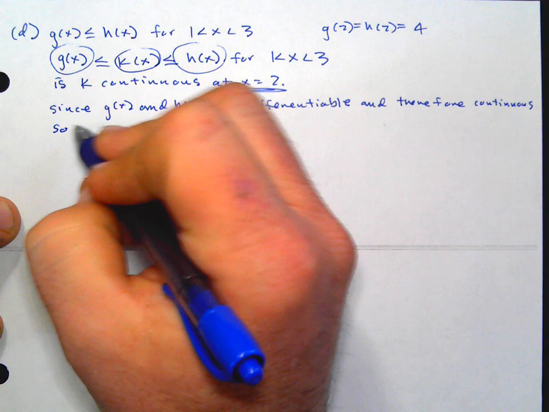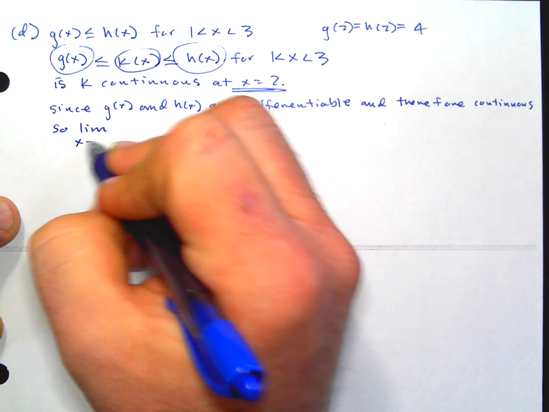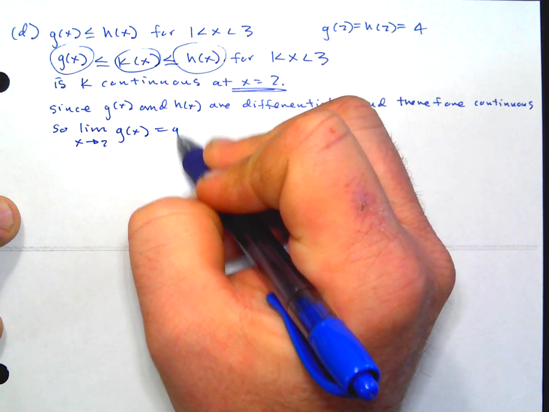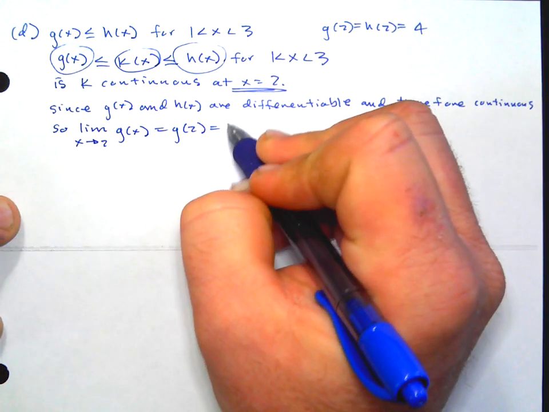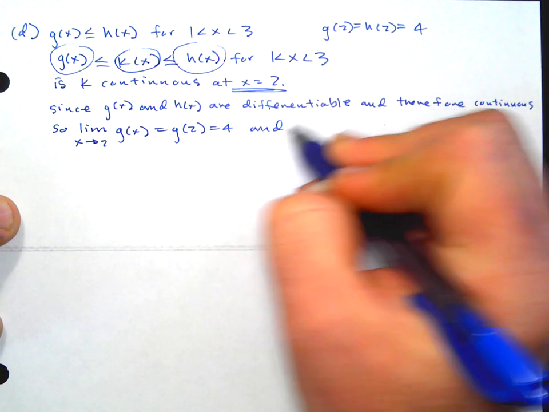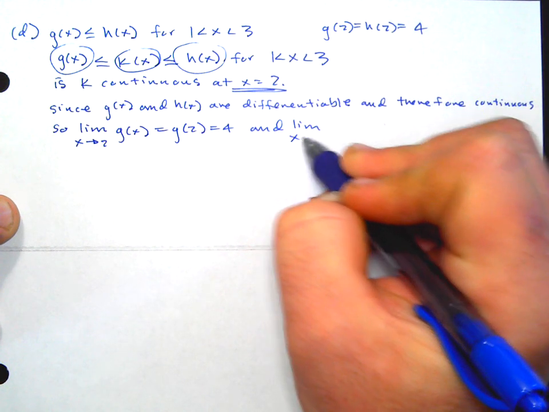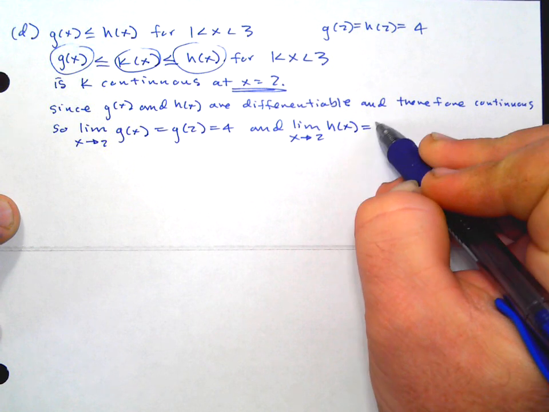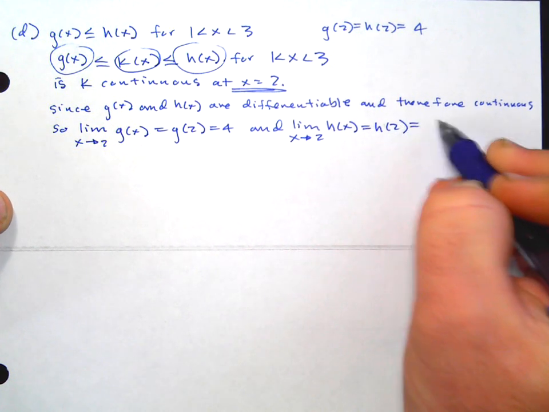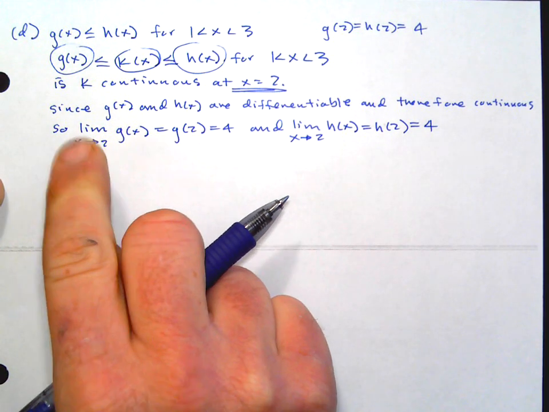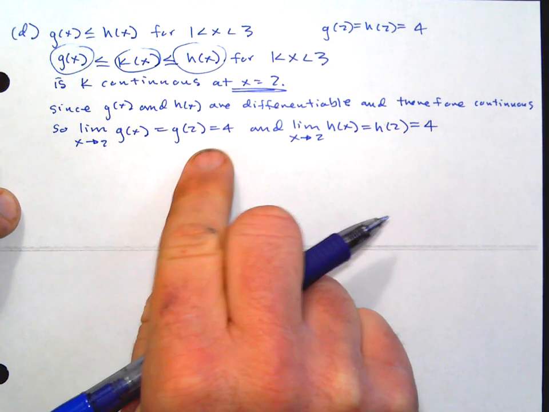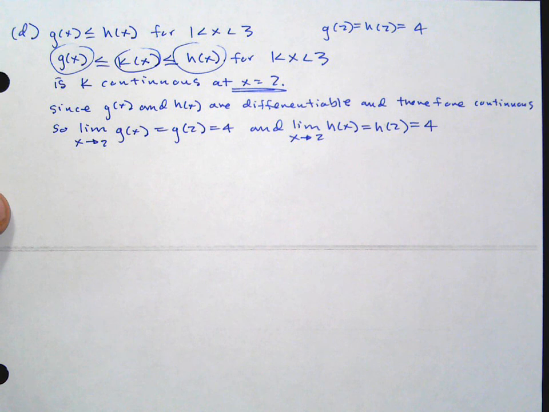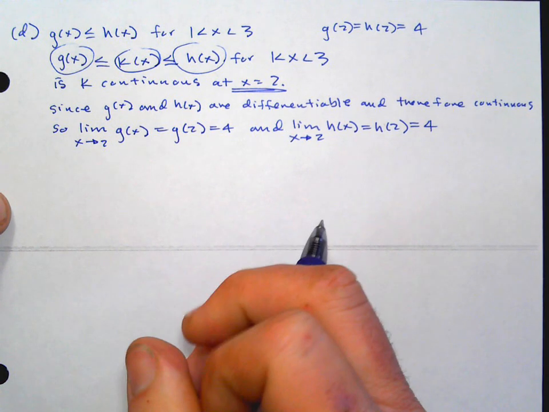So the limit as x approaches 2 of g of x equals g of 2, which equals 4. And the limit as x approaches 2 of h of x is going to equal h of 2, which equals 4. So this is the definition of continuity, that the limit agrees with the actual value of the function. Otherwise, you can have a hole or a jump, but still have a limit, but not be continuous, okay?